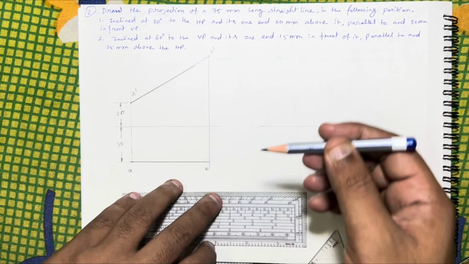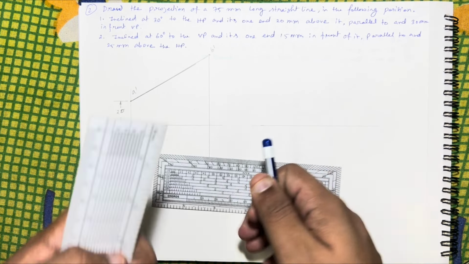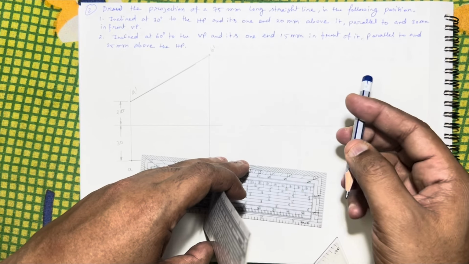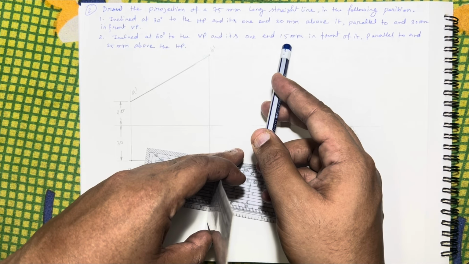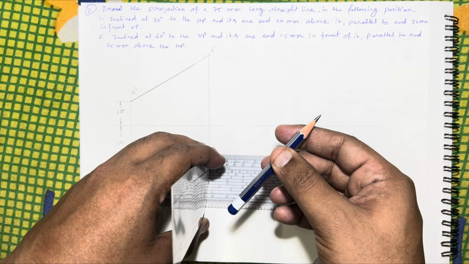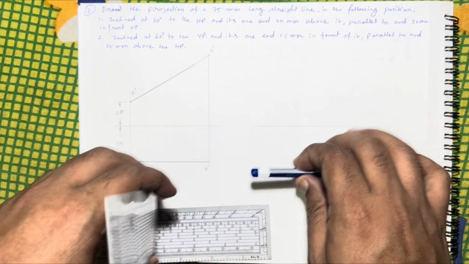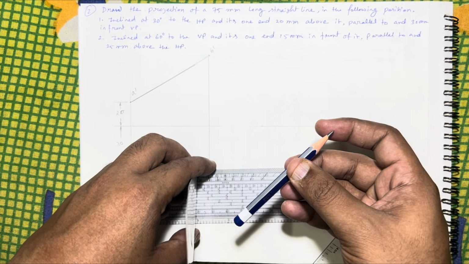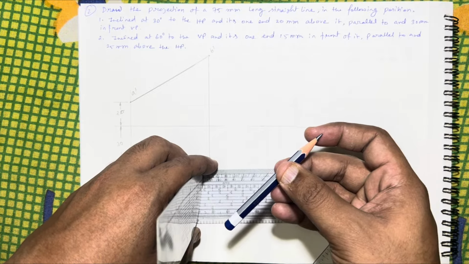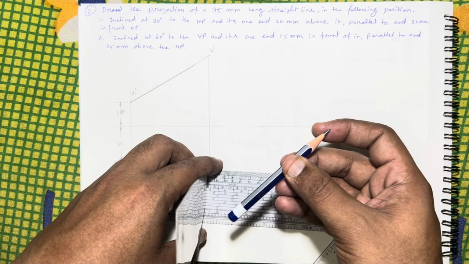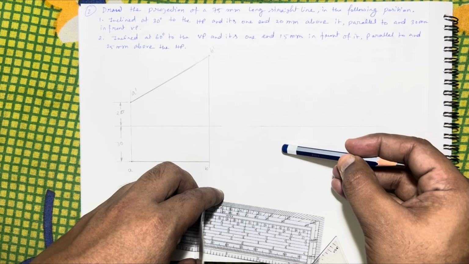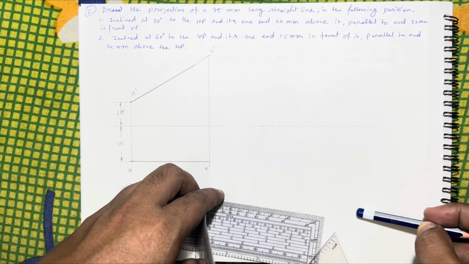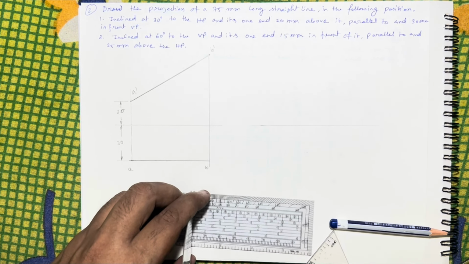Now the top view, how can we draw? You see that from the vertical plane it is 15 mm. So here this angle is 60 degree and it is 15 mm in front of it. That means when you see the top, this is 15 mm. So draw 15 mm over here and make the 60 degree angle. Okay.